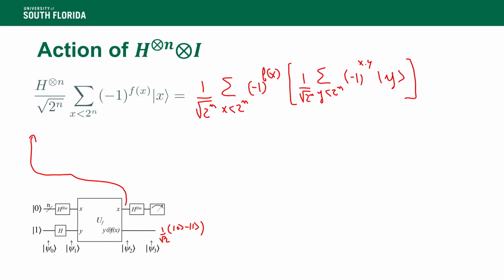We can swap the summation to give us 1 over 2 to the n, sum over y less than 2 to the n of each coefficient corresponding to a given y, which is going to be the sum over x less than 2 to the n of minus 1 to the f of x times minus 1 to the x dot y, and we close the parenthesis.